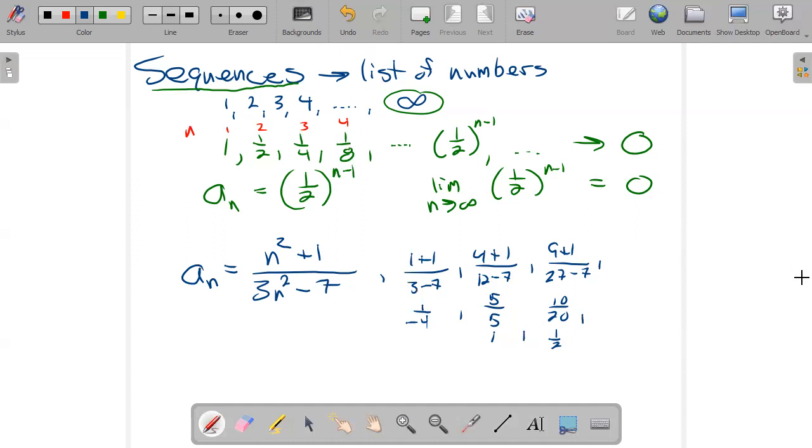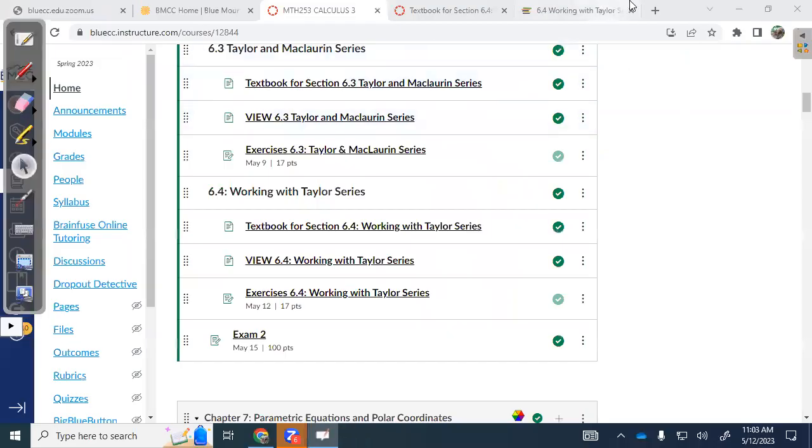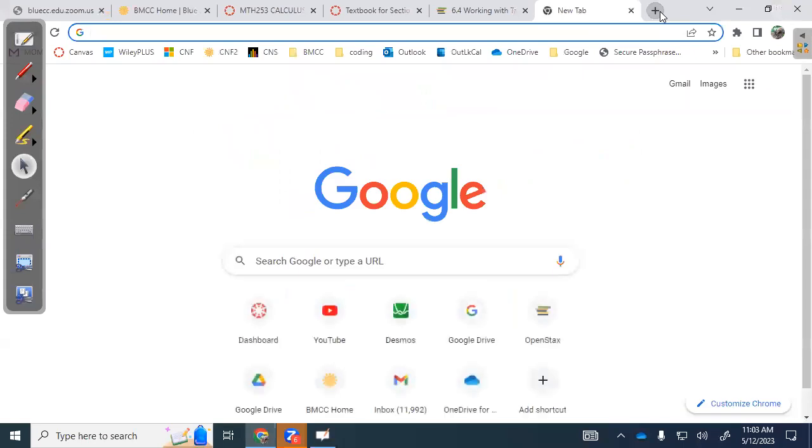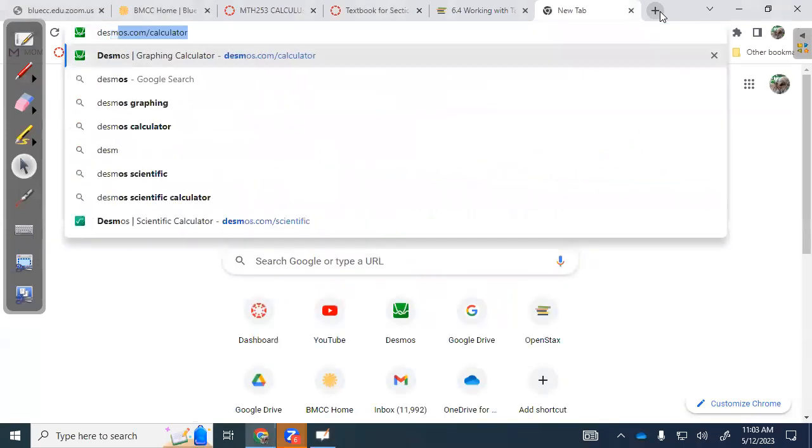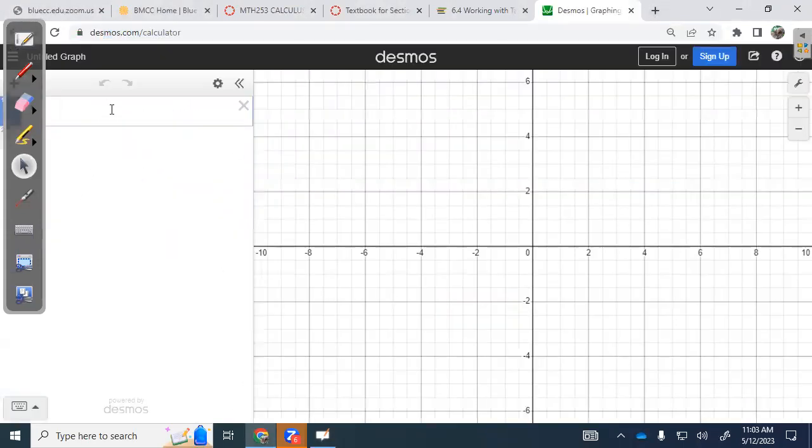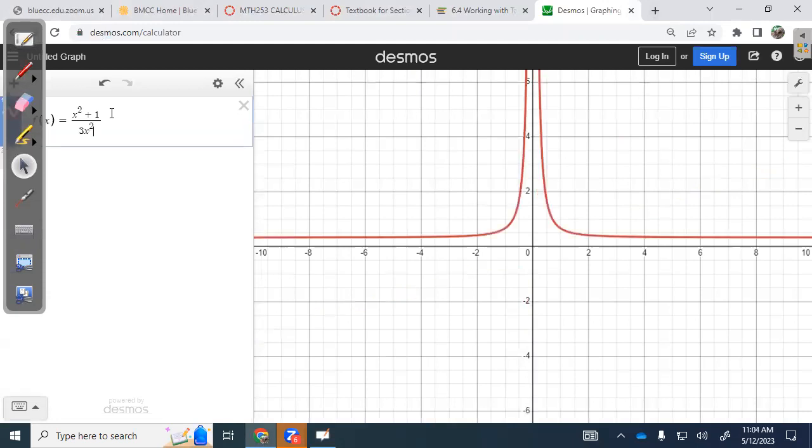Now, it's getting to the point where a calculator would be a better thing to look at. Typing sequences into a calculator usually isn't that easy, but instead we could enter it as a function of x. So I could just go to Desmos here, enter that as a function of x instead of n. x squared plus 1 over 3x squared minus 7.